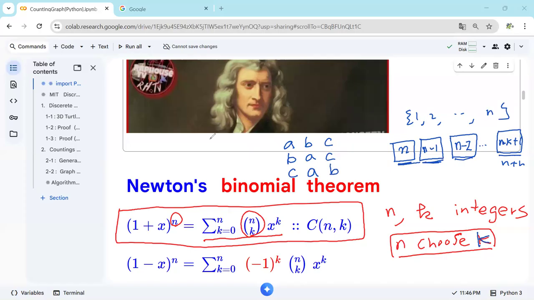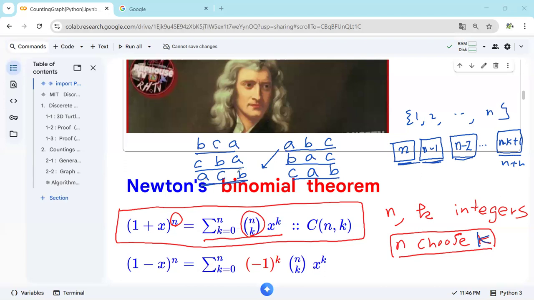Also B first, C second, A third is different, and C first, B second, A third, and A first, C second, B third. So if the order is involved, this selection is different from that one.